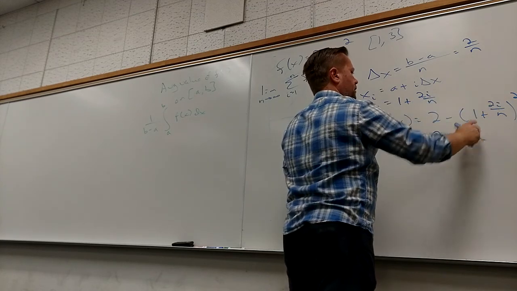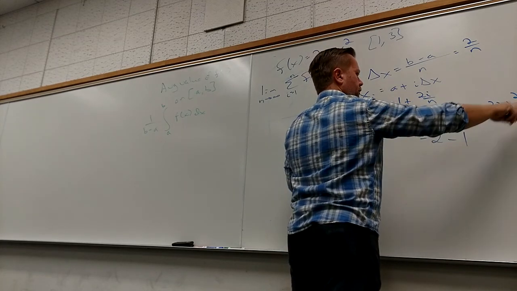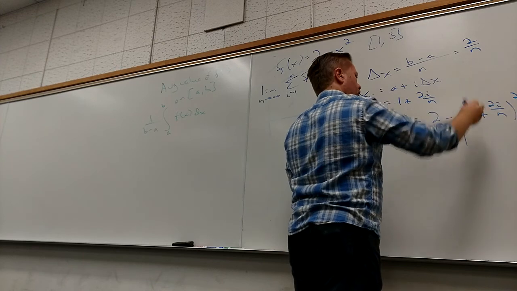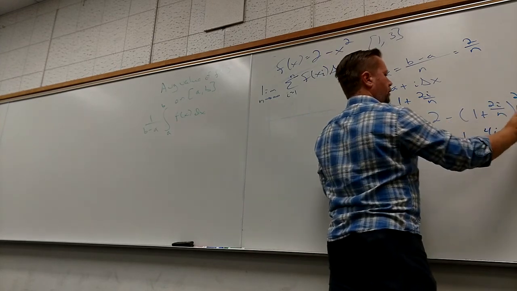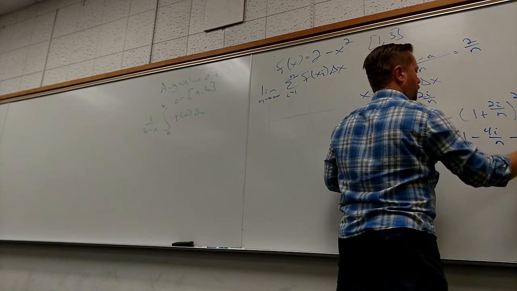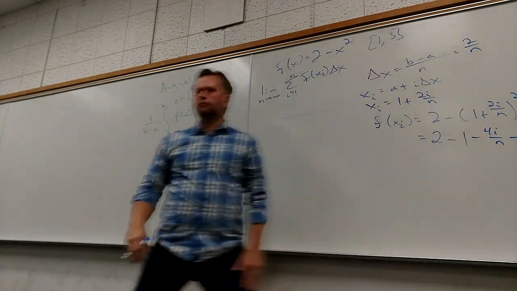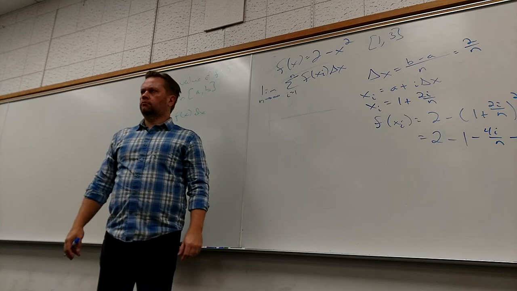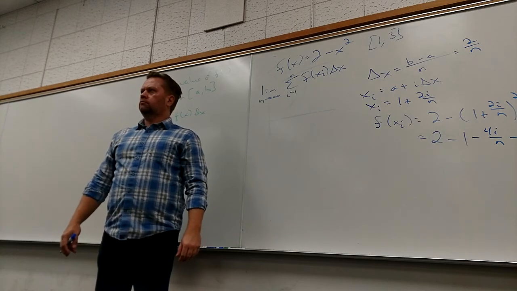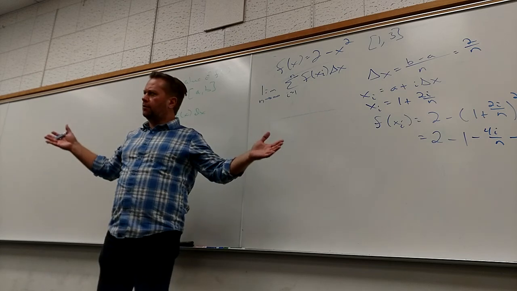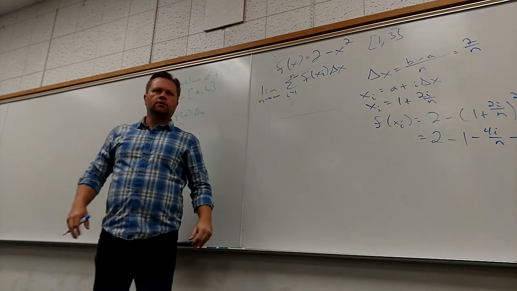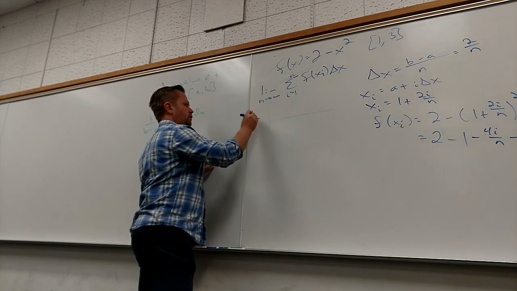If I FOIL this out, it'll be 1 plus 2i over n, 2i over n, so 4i over n, and then 4i squared over n squared. Is that cool? You do that work on the side, so you don't have to worry about it while you're doing the other stuff.